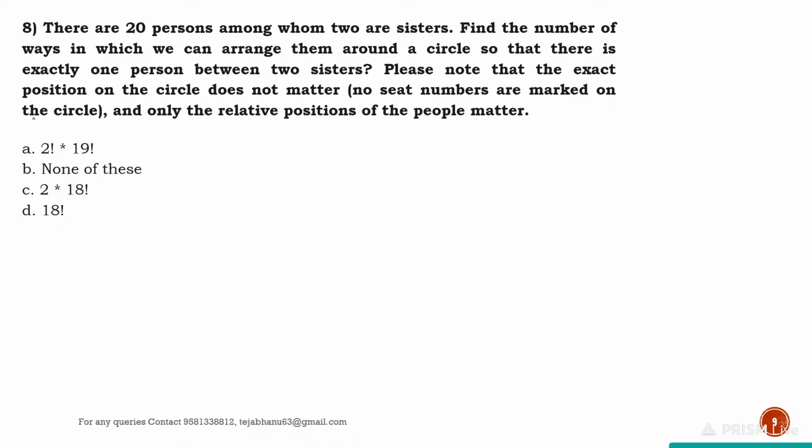See, there are 20 persons among whom two sisters are present. Find the number of ways in which we can arrange them in a circle.